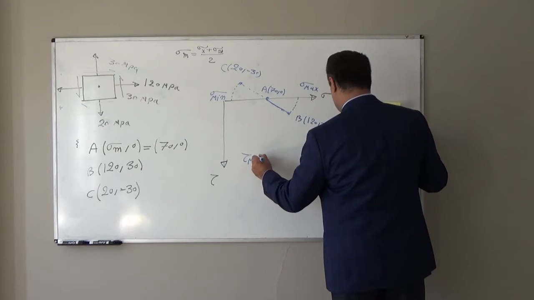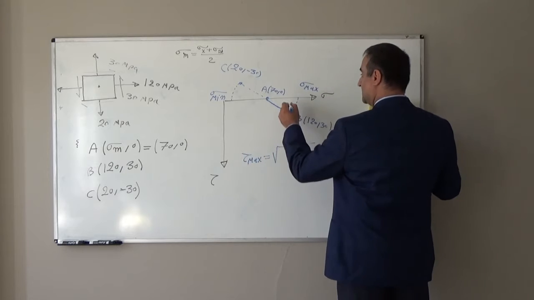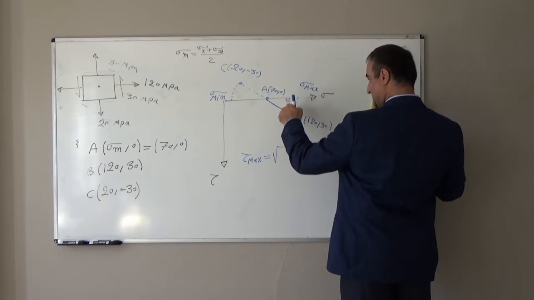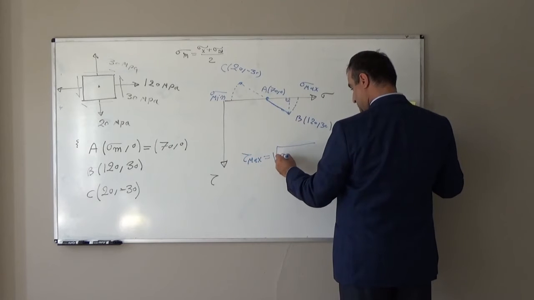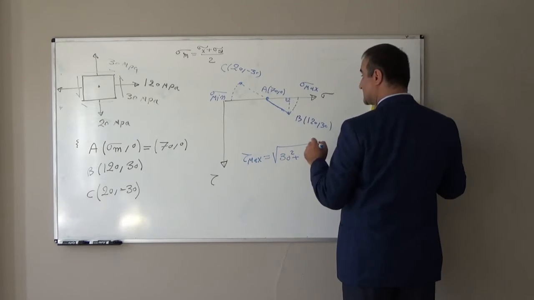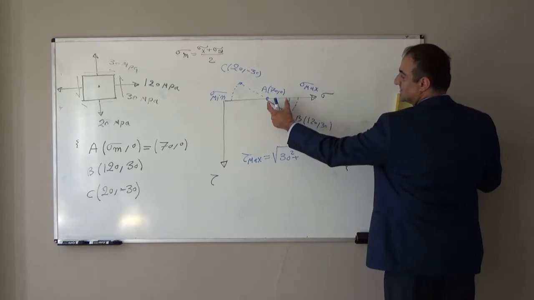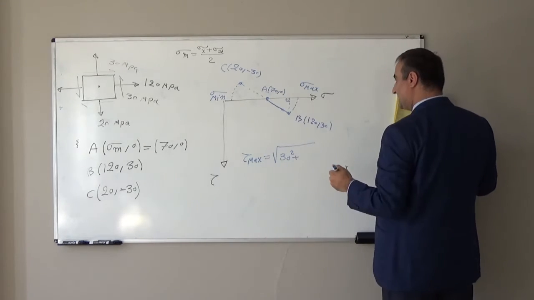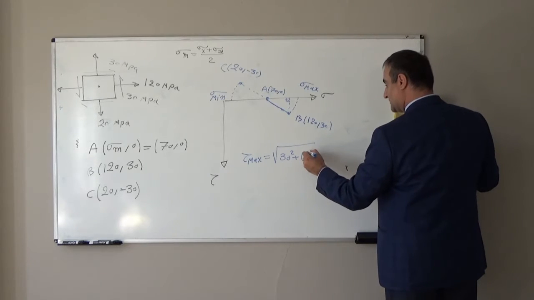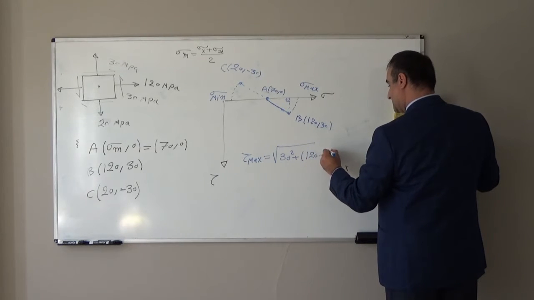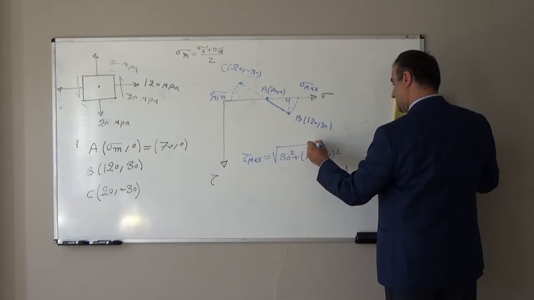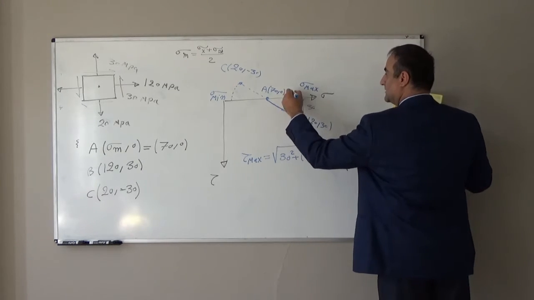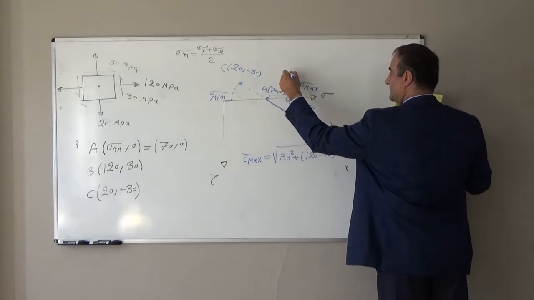Tau max will be equal to this height of the right angle triangle. This height is 30, so the square root of 30 squared plus this leg squared. This leg will be 120 minus 70, squared. So this leg is 30, and this leg is 50.